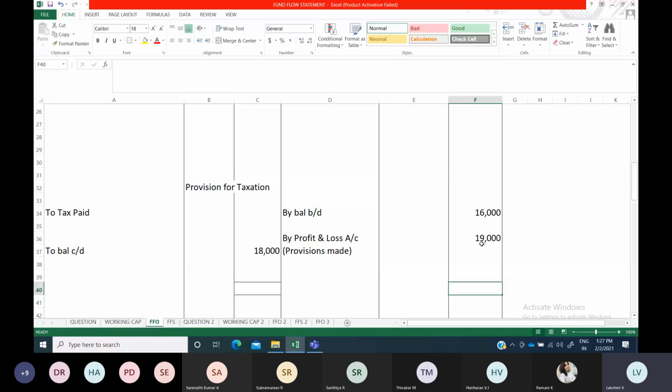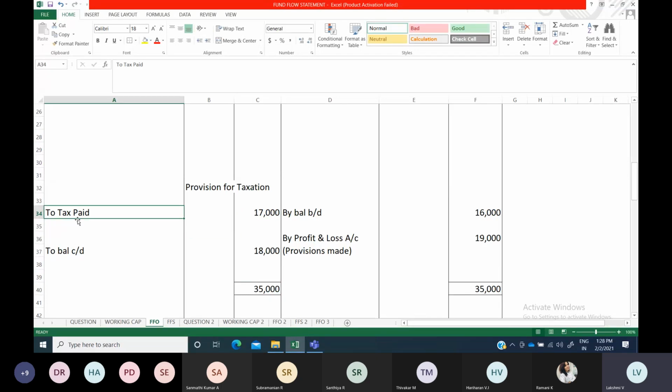So 35,000 you enter on this side, and 35,000 on this side also. Now from 35,000 you subtract 18,000, and that amount will be 17,000. So this is known as tax paid.